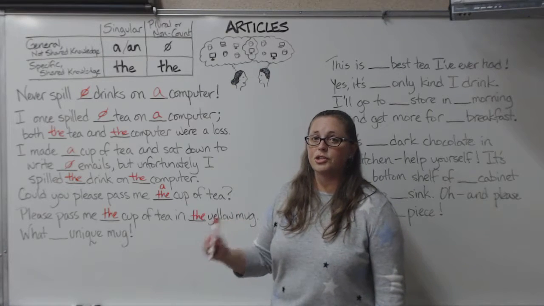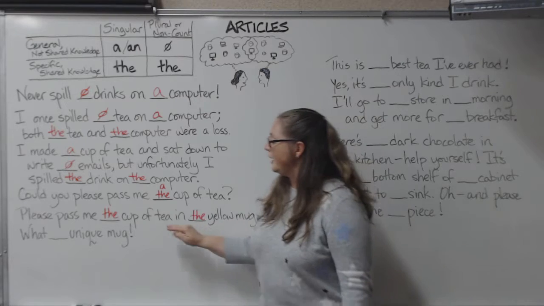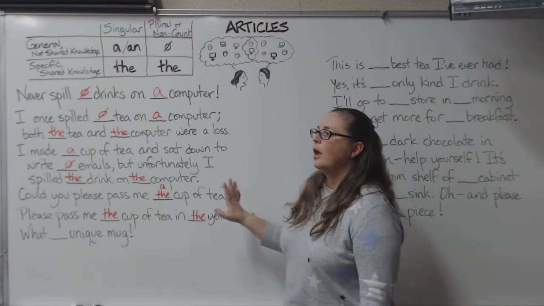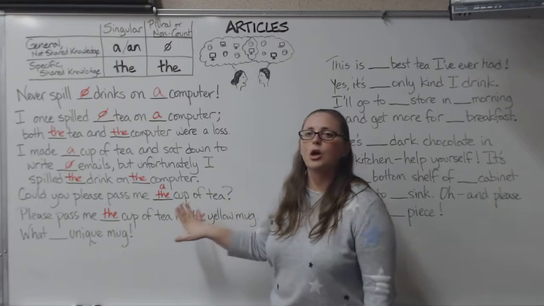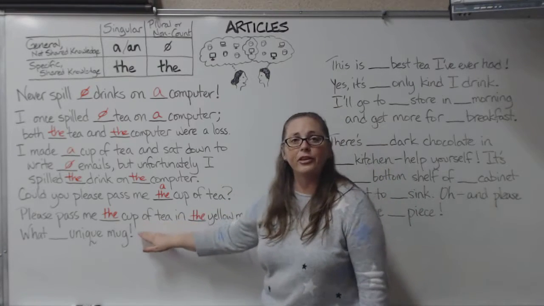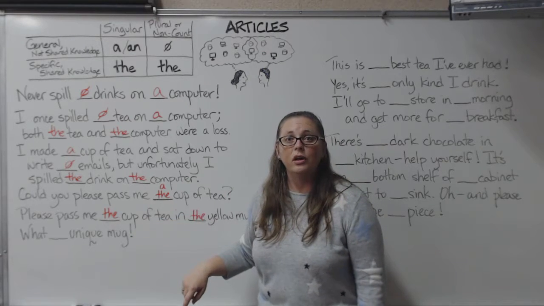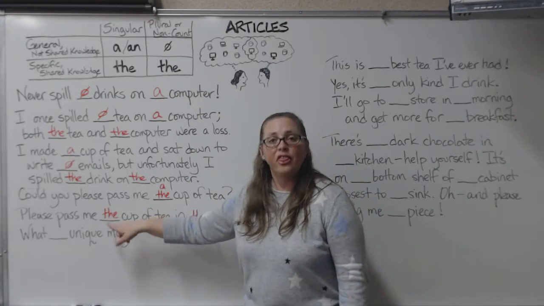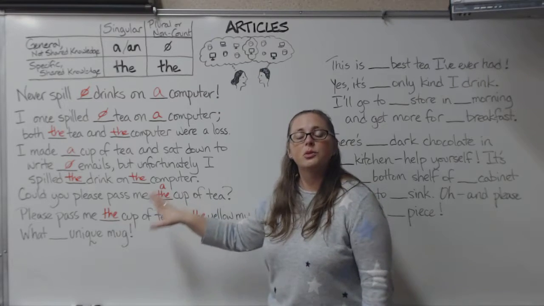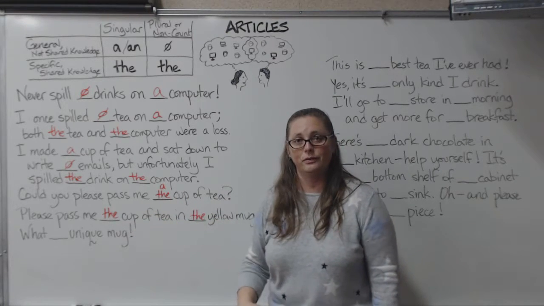We share an understanding of which cup of tea and which yellow mug. Usually, if you have a prepositional phrase or an adjective clause that comes after the noun and identifies the noun, you will be using "the," because it is specific. It is identified to the listener.